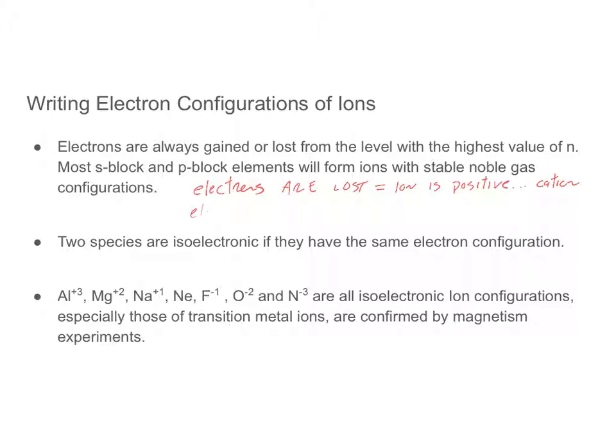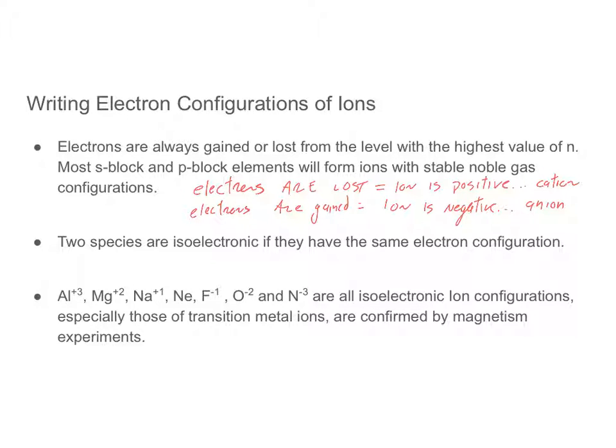And when electrons are gained, the ion is negative, and we call that an anion. When that happens, the atom gains or loses an electron, and its electron configuration appears to take the form of another atom on the periodic table.